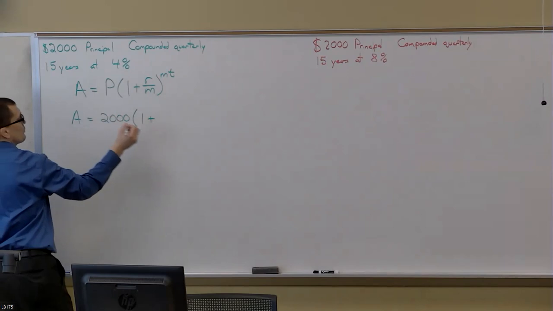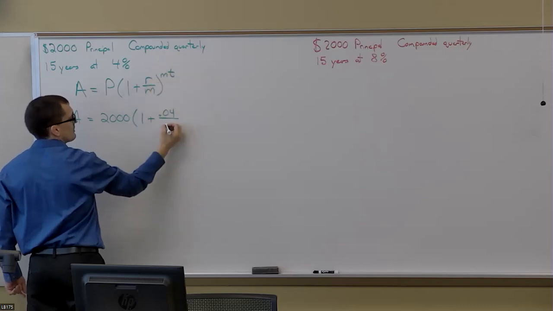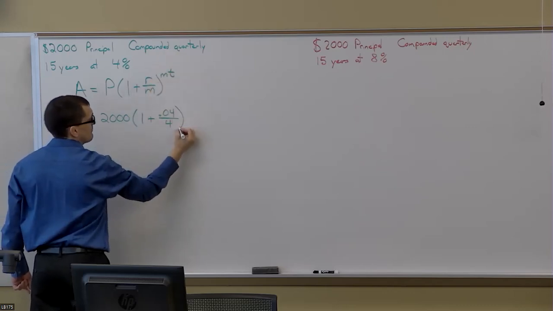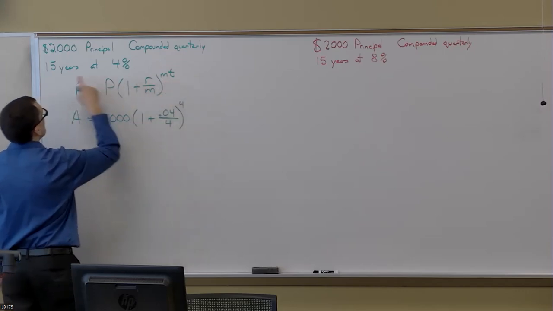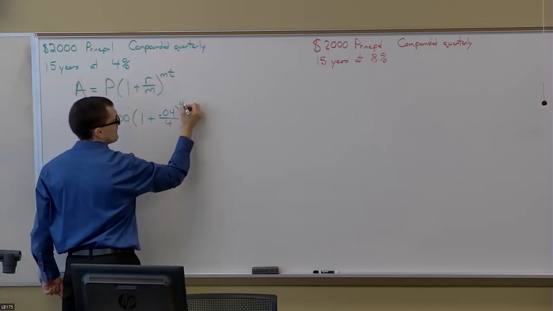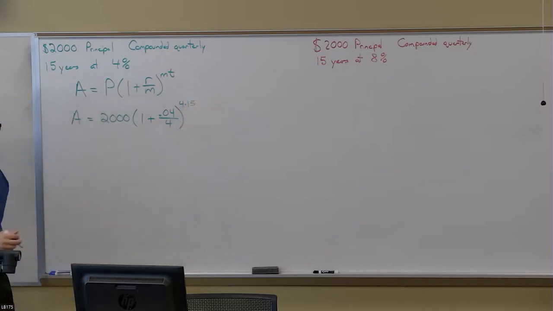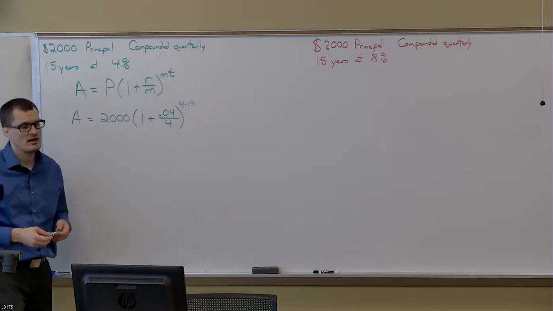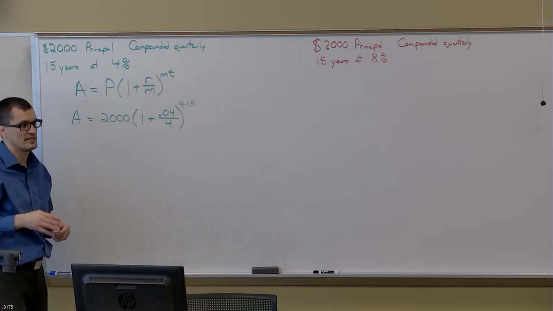The rate is 4%, so that's an R of 0.04. We're compounding quarterly, so we're dividing by an M of 4. And then the exponent is going to be 4 times 15 years, quarterly times 15 years. When I put that in my calculator, I put that in as a 60 exponent, just to make it easier on myself.